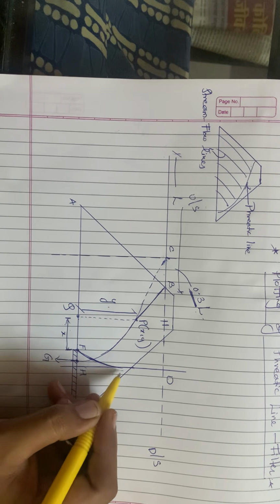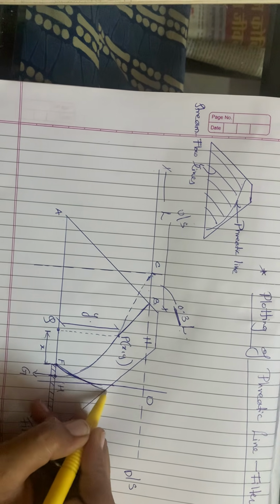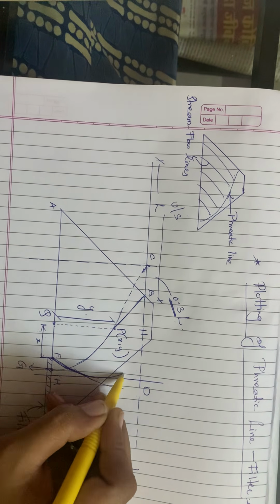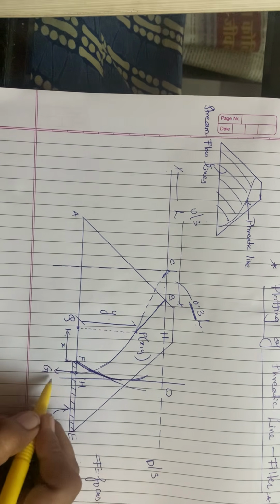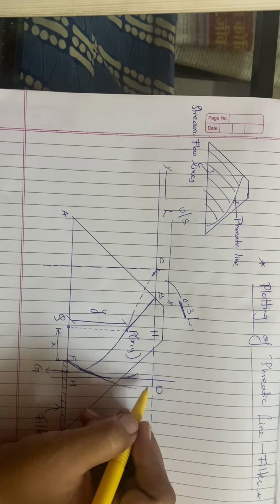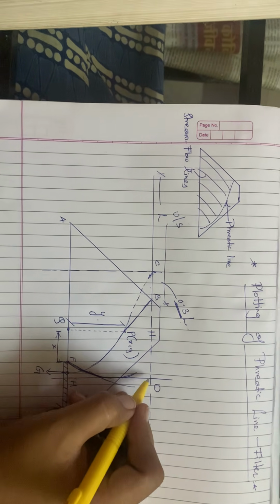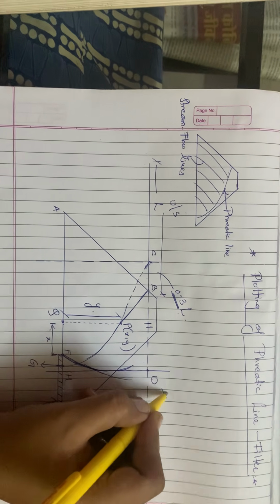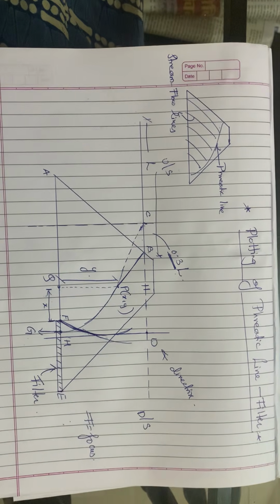After drawing this arc, we have to draw a vertical tangent to it. The point we get on the horizontal projection line, D, gives the directrix.